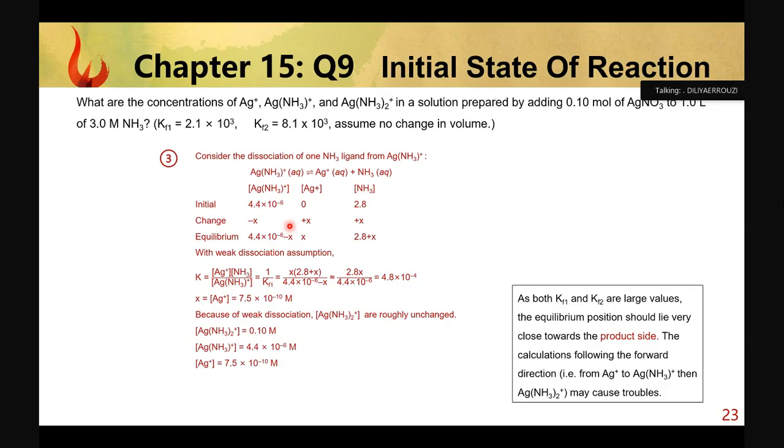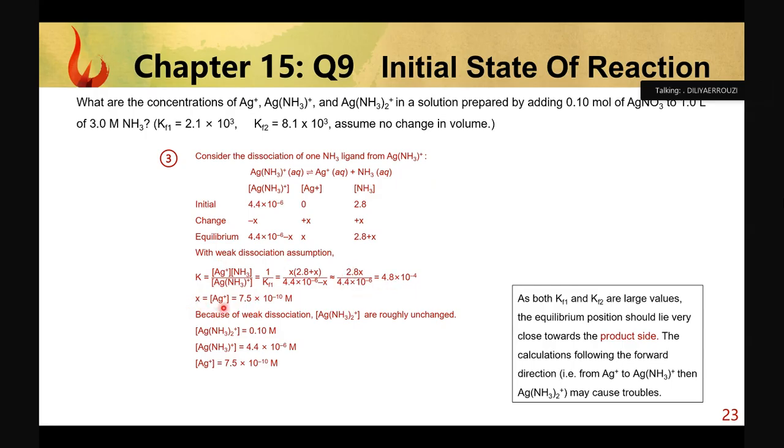Then we consider the second dissociation, losing another ammonia. We use the ICE table and calculate with the Kf1, because the concentration of silver ion and ammonia is divided by the silver ammonia ion. Then consider the weak dissociation. It will simplify to this.